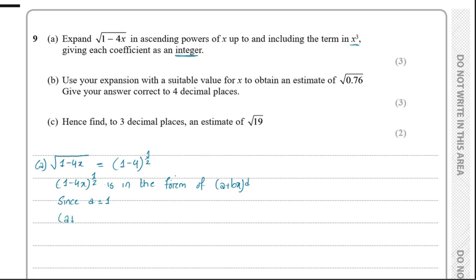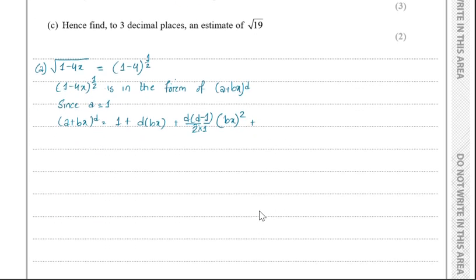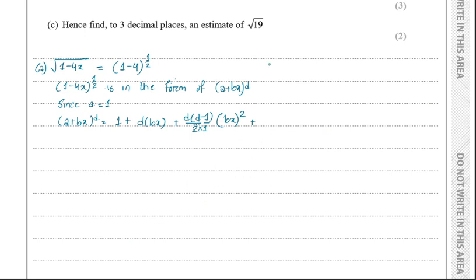So we can expand this in this way. a plus bx to the power d would be 1 plus dbx plus d multiplied by d minus 1 divided by 2 multiplied by 1, bx squared, plus d minus 1 and d minus 2 will multiply these three things, and it will be 3 multiplied by 2 multiplied by 1, bx to the power 3.